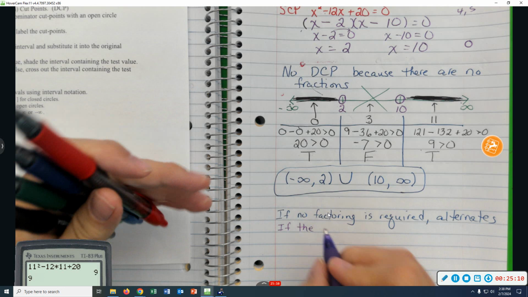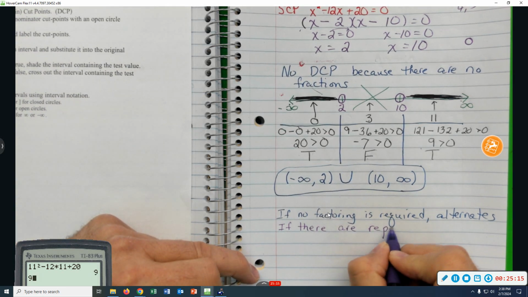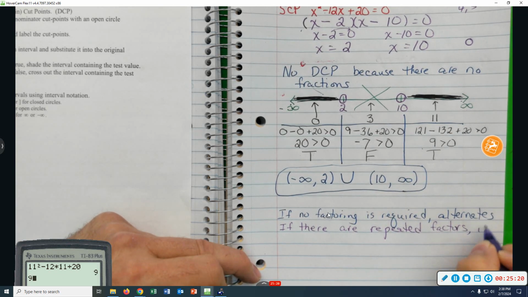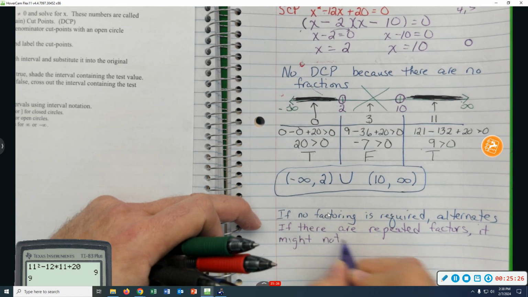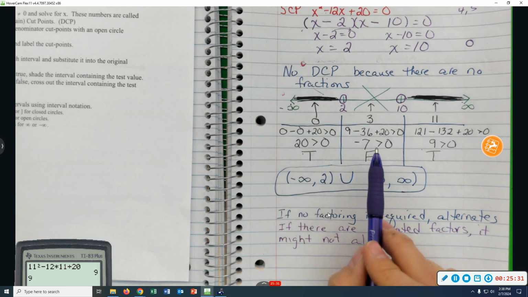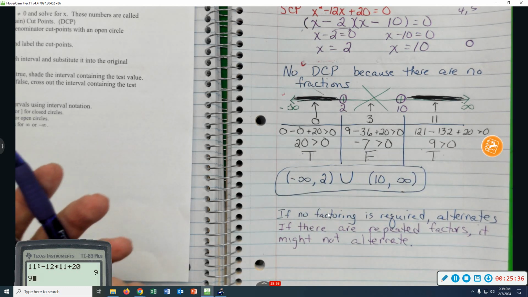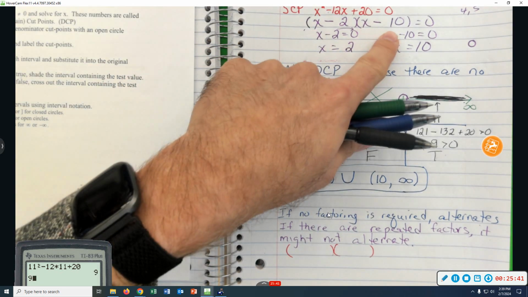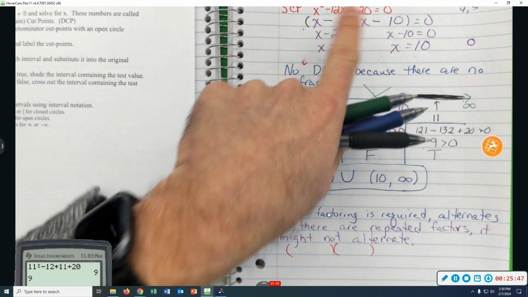If there are repeated factors, it might not alternate. In which case you need to do what I did and check all of the intervals. But what do I mean by repeated factors? When you're doing the factoring up here, if you get the same thing in both sets of parentheses.